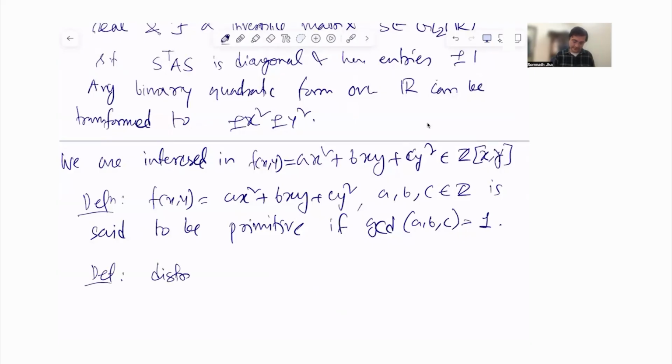And the definition of the discriminant of f: delta f is defined to be b squared minus 4ac.